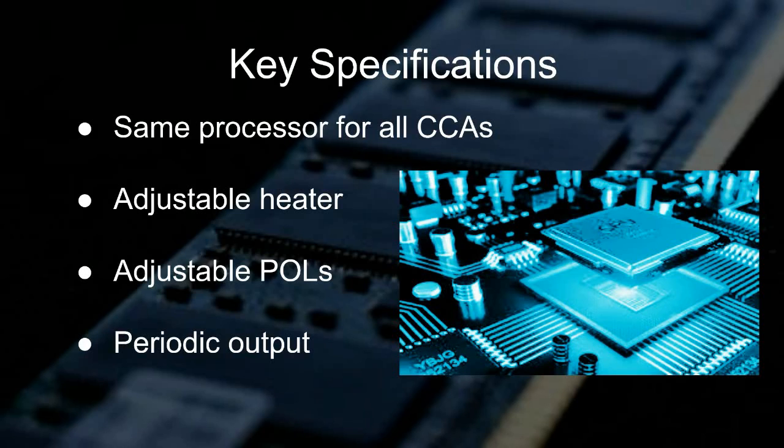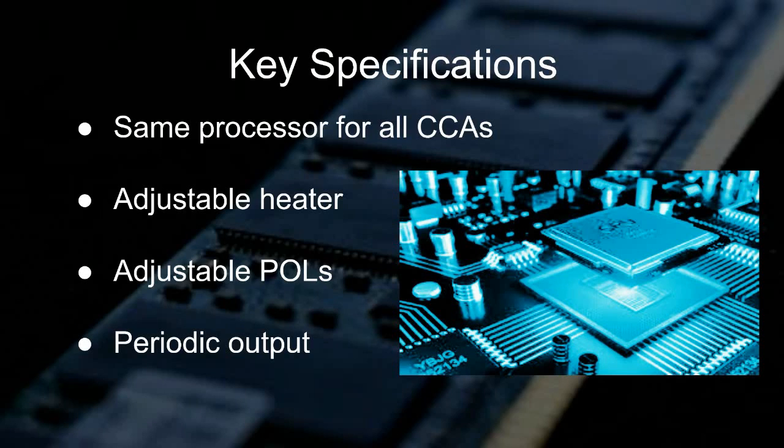So for the adjustable heater, that is a requirement that we were able to meet by supplying PWM to it from the processor. And then for the adjustable point of load converter, that was an integrated circuit that we found and then were able to place on the board and communicate with to provide multiple channels of outputs of various amounts that we could program digitally from the processor side.